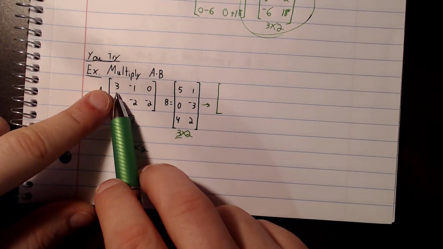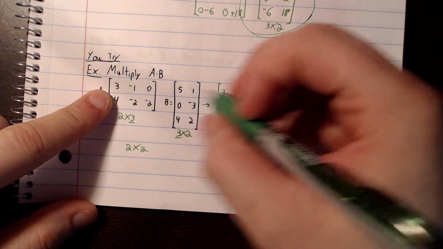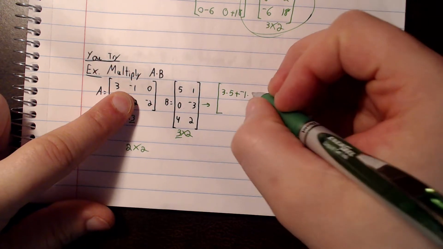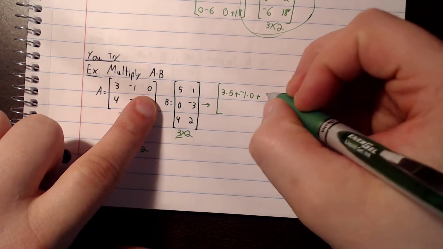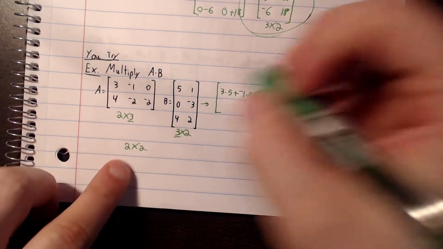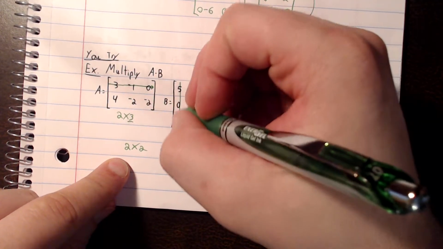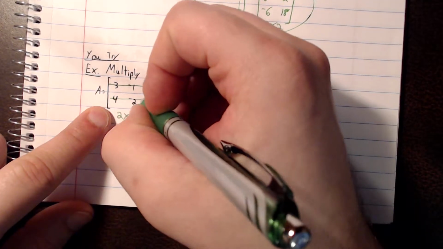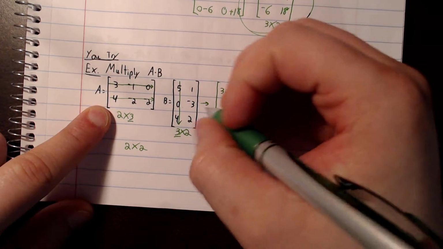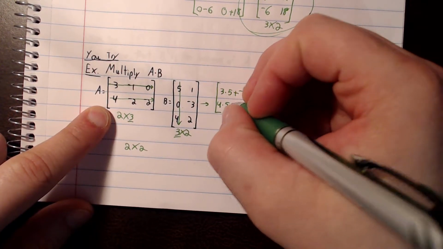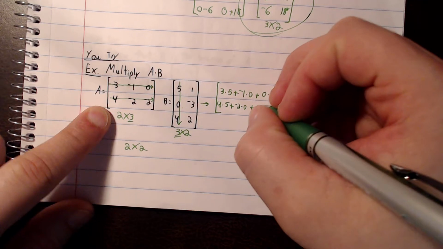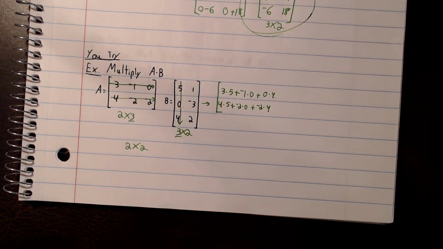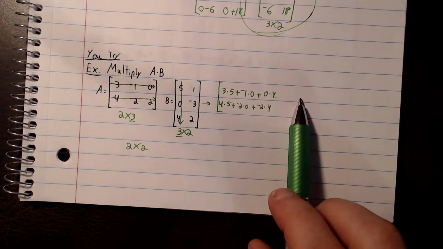First row, we've got 3 times 5 plus negative 1 times 0 plus 0 times 4. I do this first with the first. That gives me the first position. Now I'm going to go down here and do these 3 with these 3. 4 times 5 plus negative 2 times 0 plus negative 2 times 4. Then I want this next column.